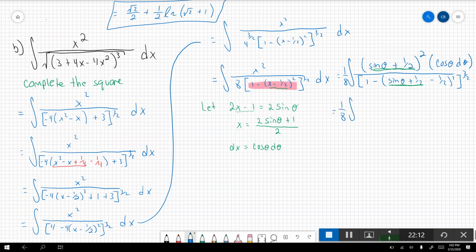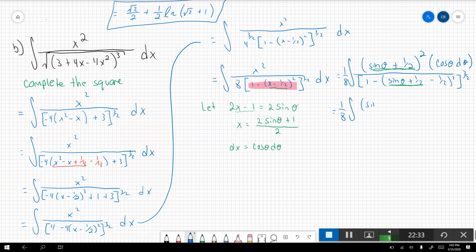So let's go through now. Numerator, there's no way around it. It's going to be nasty. It's going to be rough. So for the numerator, I'm just going to keep it like that for now.